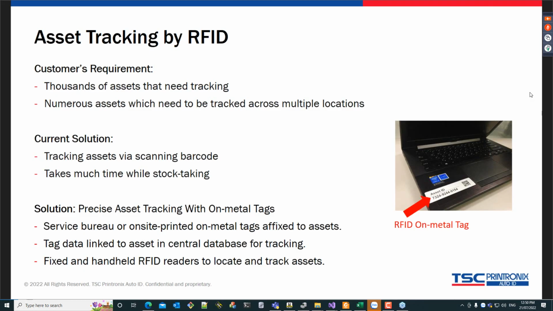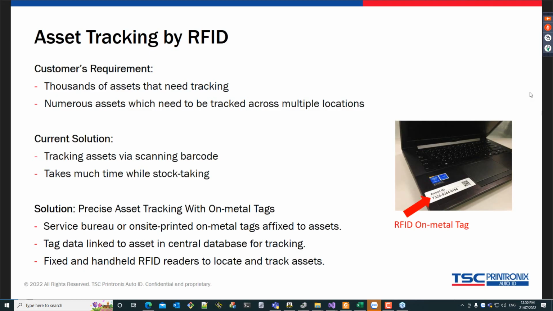If the print quality of the barcode is not so good, the operator cannot check these assets very well. But once we replace the barcode with RFID, everything becomes different.